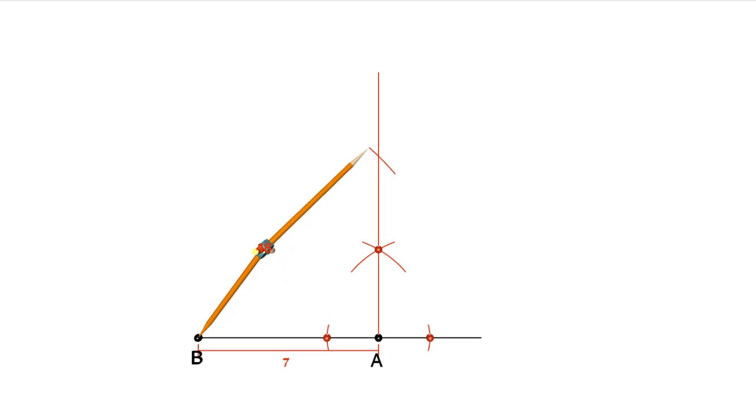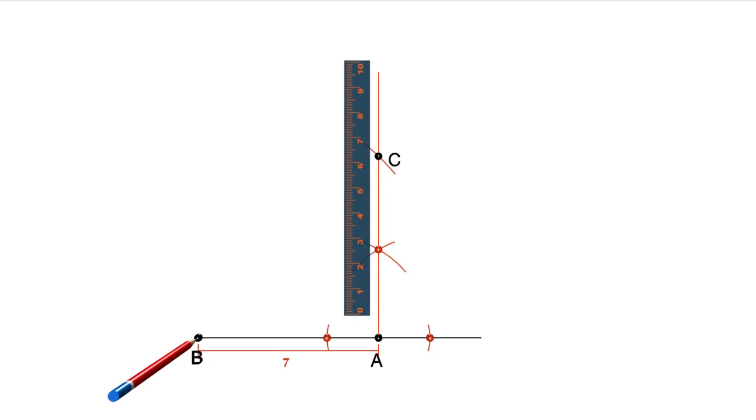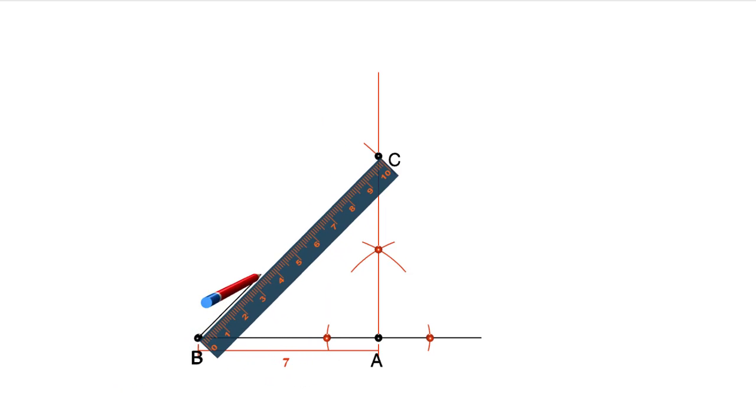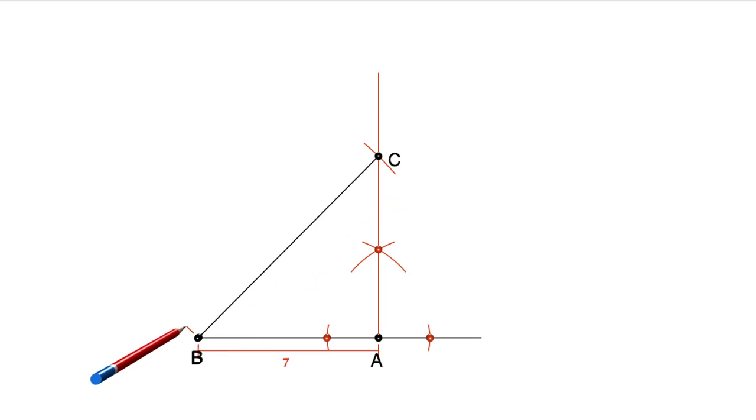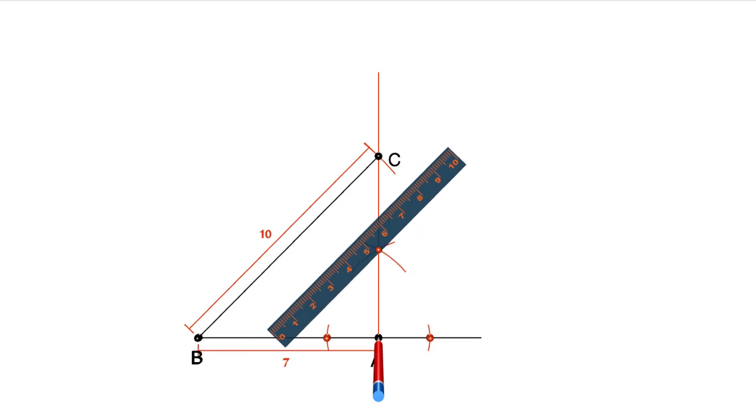So you can see it here. Now let us denote the intersection C. Well, this point C is the point that we are looking for. It's the third point of the triangle. Because the opening was 10 centimeters, the length is also 10 centimeters.